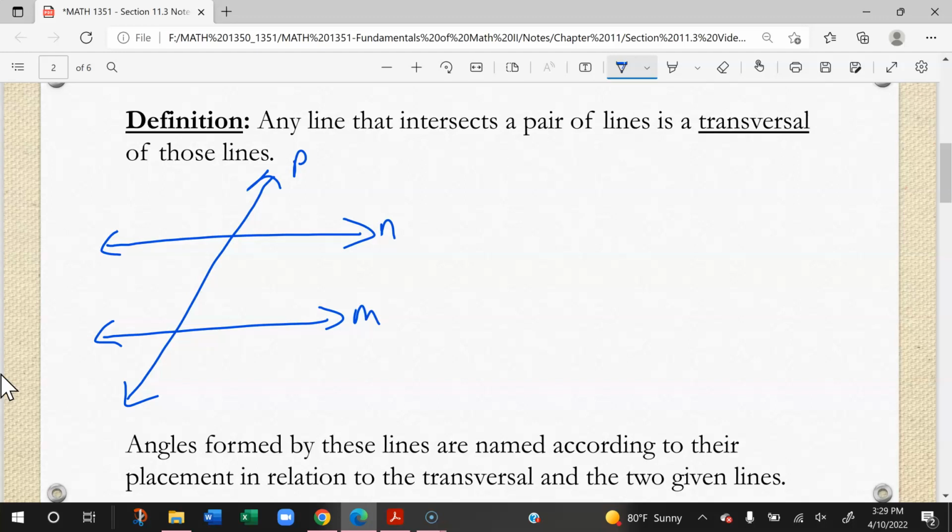Now those can be parallel lines, M and N. They don't have to be. And then angles are formed, okay, and they're named accordingly to their placement. Different ones name them differently.